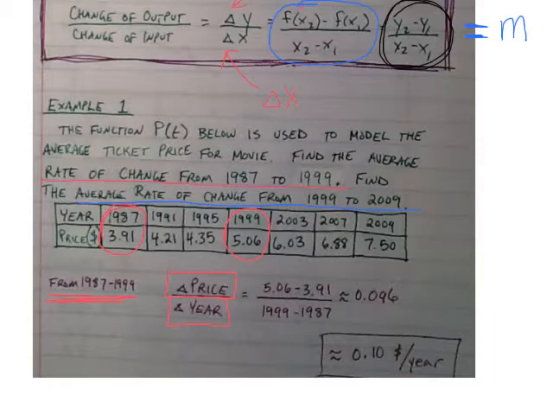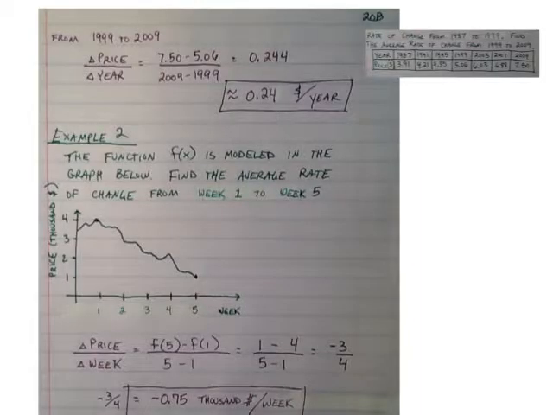Moving on to the next page, we'll look at the average rate of change from 1999 to 2009. So we're just going to do the same process, the change in price over the change in year. So we've got 7.50 down to 5.06, and the year 2009 down to 1999.